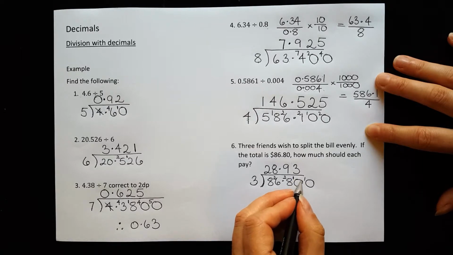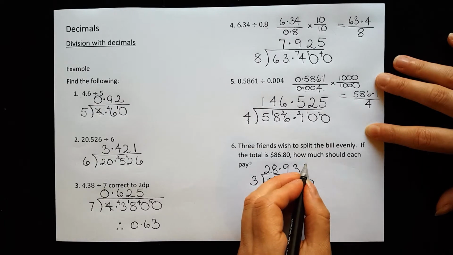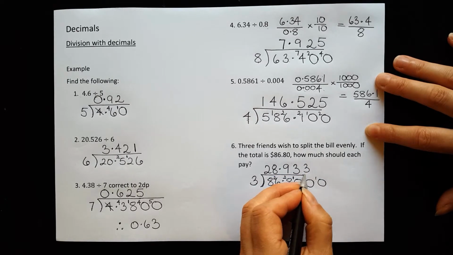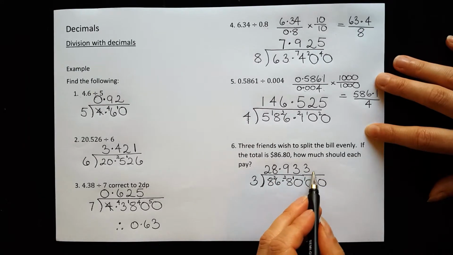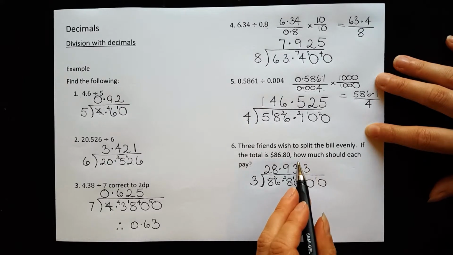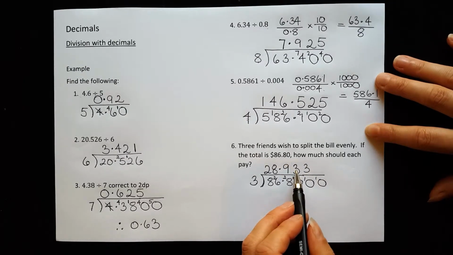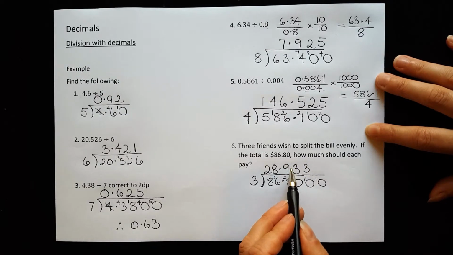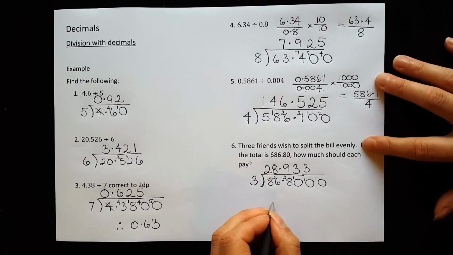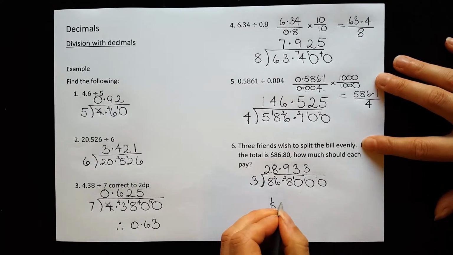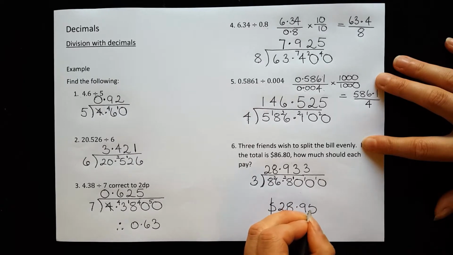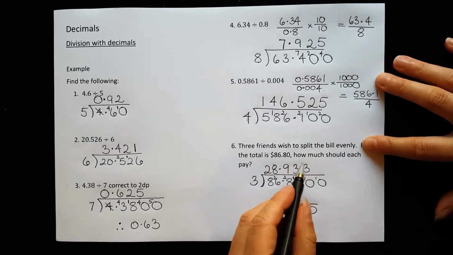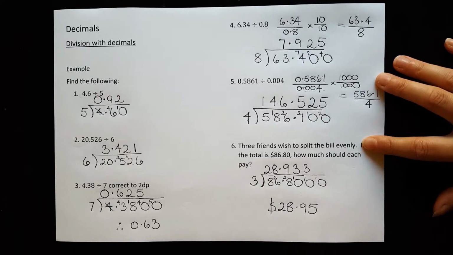And you can guess what's going to keep happening here. That's going to keep giving me a 3 with a 1 remainder. So I'm actually getting a recurring decimal here. So if we're talking about splitting the bill, we actually probably need to round this to 2 decimal places. So we should write down here they actually need to pay $28.95 each, which would round that up to the nearest 5 cents.